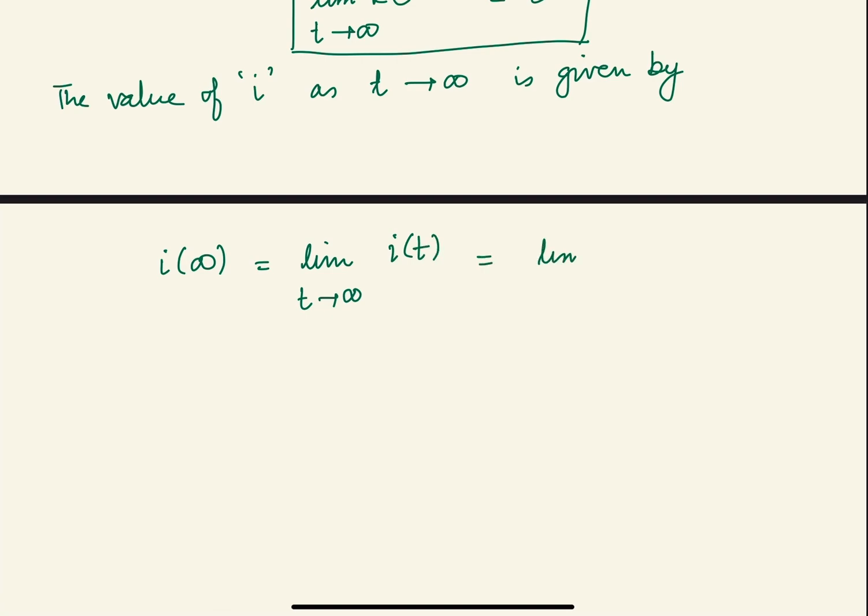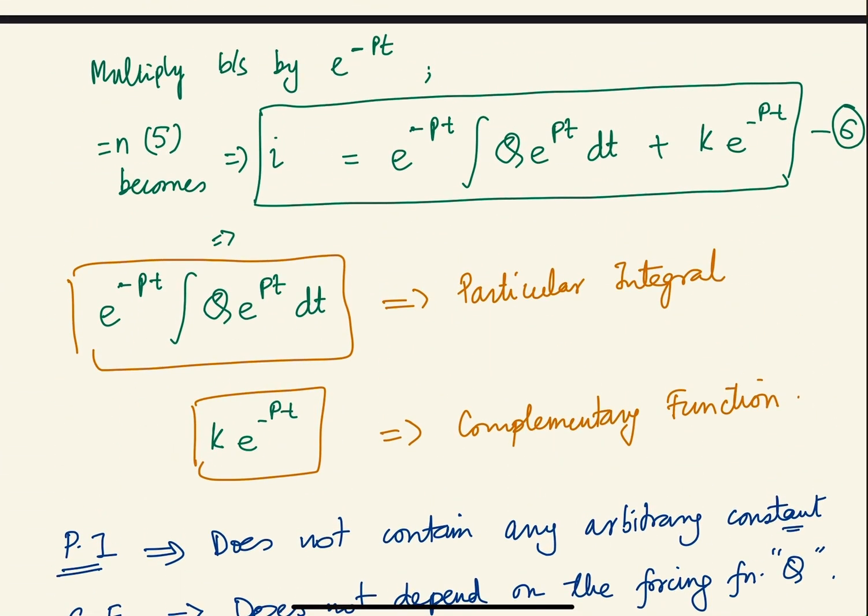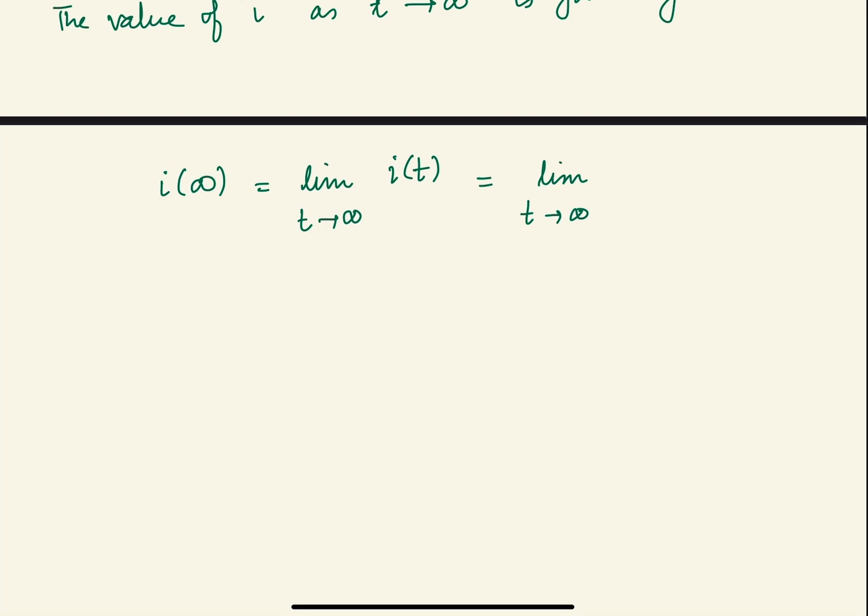If you take a look at this expression, this term goes to 0 when t is equal to infinity, and only this term will remain, right? So the value of I at t equal to infinity will be in effect the value of this term at t equal to infinity. Okay, so I will write it here. This is going to be e to the power minus pt integral q e to the power pt dt. I'll call this equation number 8.